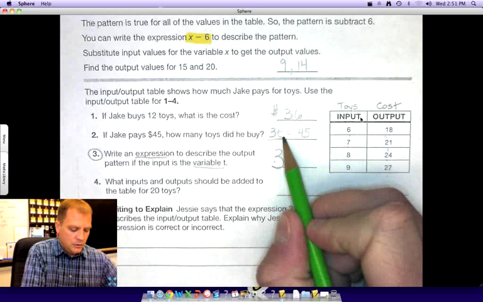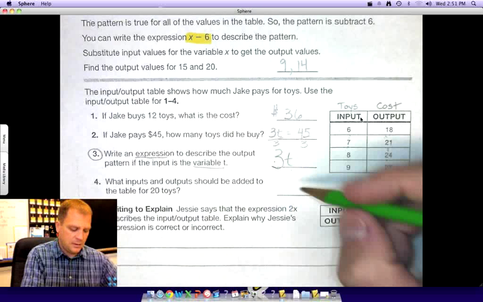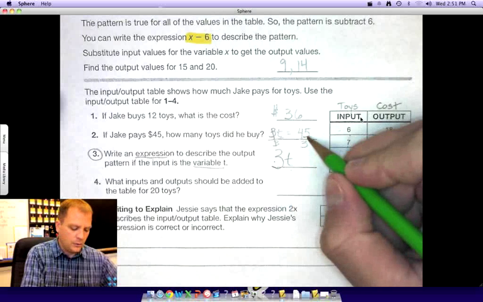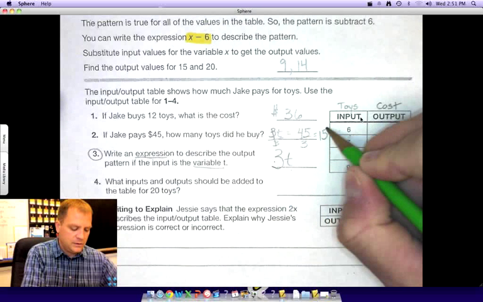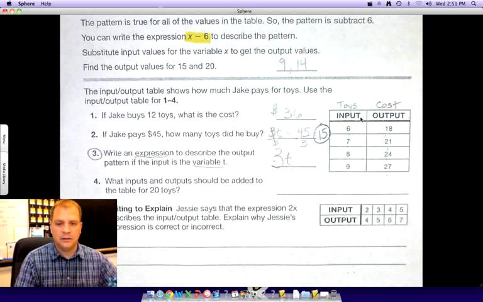And to do that, I'm going to divide both sides by 3. So if I divide this side by 3, I'm left with the variable t, or again, the input. And when I divide 45 by 3, I get the answer of 15. So 15 is the correct answer, or 15 toys.